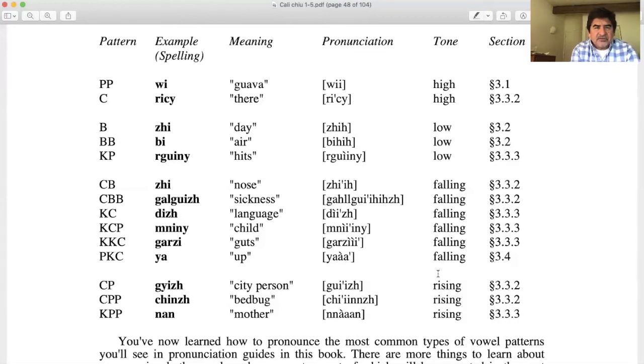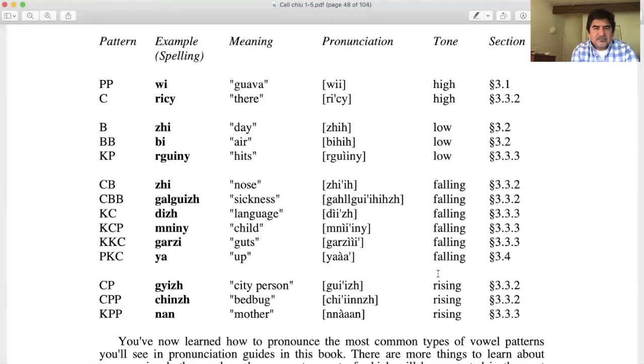First one, we. Rick. Ji. Bi. Regin. Ji. Gagish.